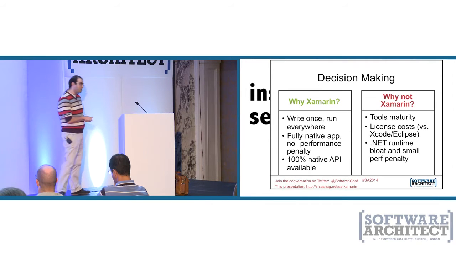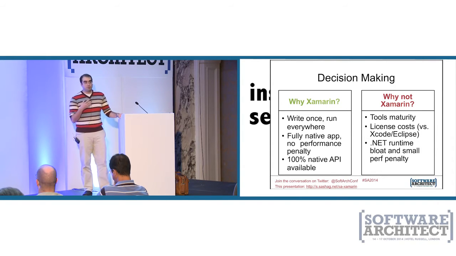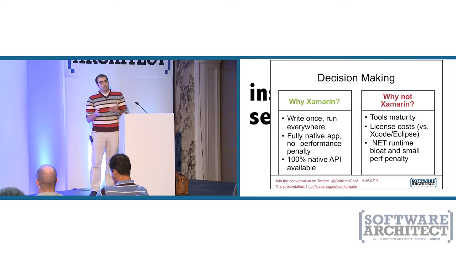C#, of course, is a great language, and you can use it from Xamarin Studio, from Visual Studio. You can build shared logic that leverages all the existing NuGet packages, which are already portable. And there's probably tens of thousands of NuGet packages that are portable and can be used with Xamarin.